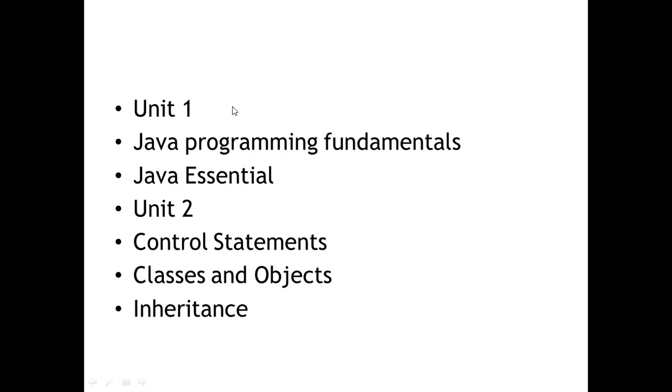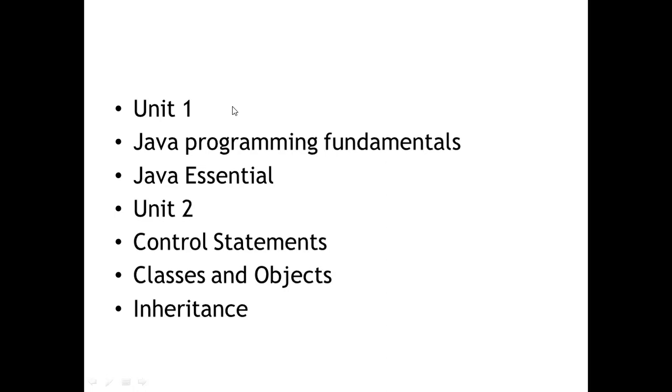Then the scope of variables and blocks. When we initialize a variable, it can be used globally, outside the function, or inside the function. That will depend upon the scope. So we will discuss this in scope of variables and blocks. Types of comments in Java.